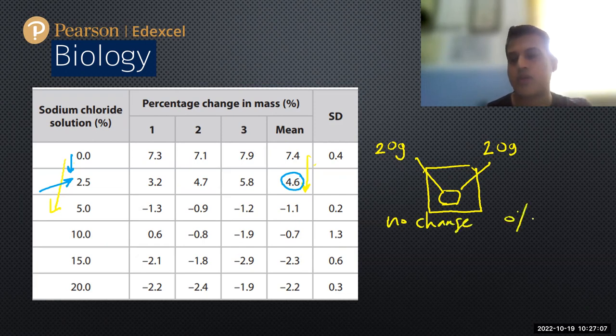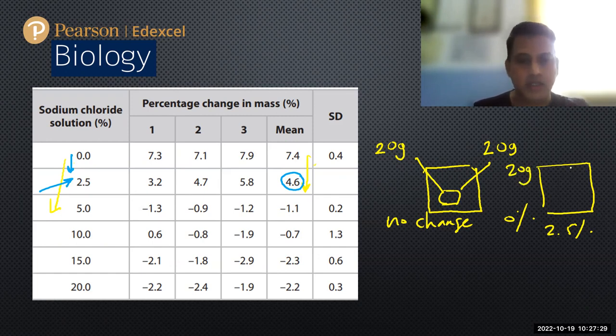No change is 0%. But when we keep this in 2.5%, if it is 20 gram, then after the experiment, we can't get exactly 4.6 percentage increase.